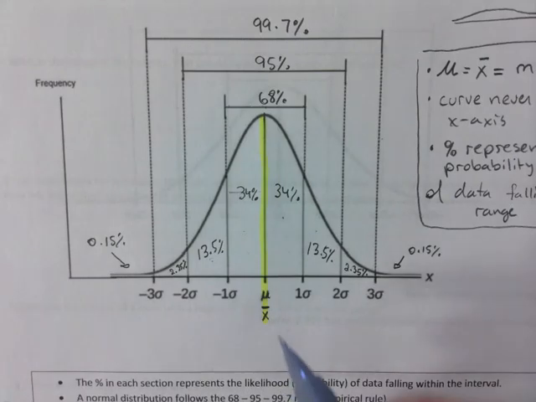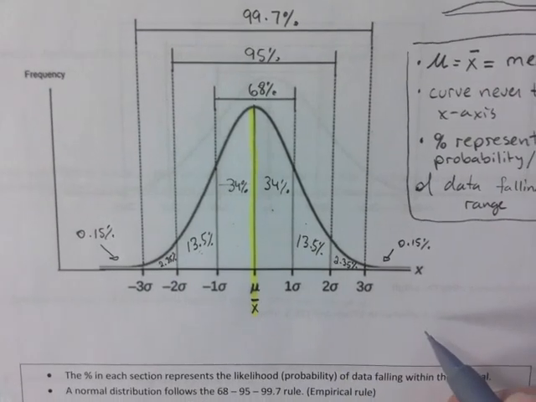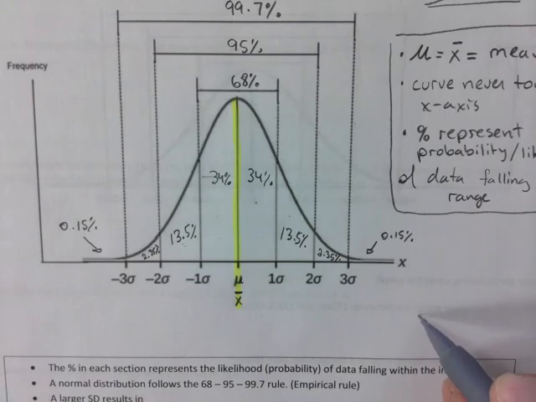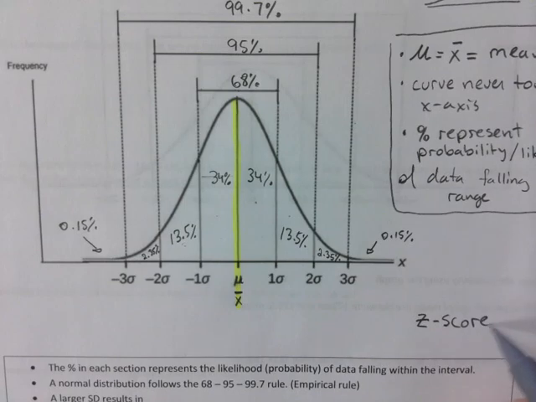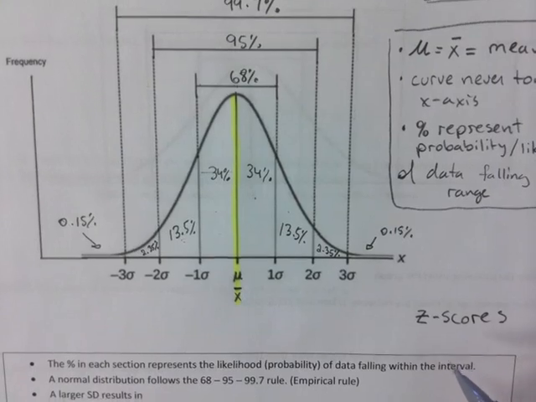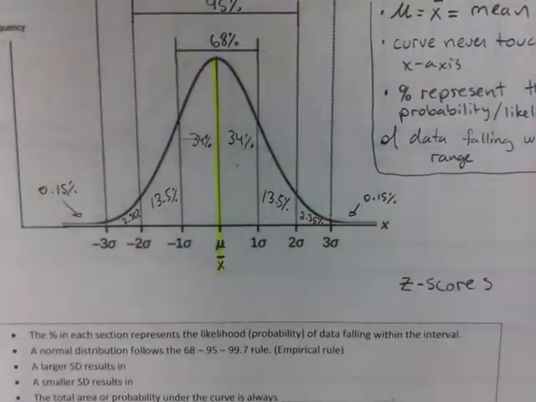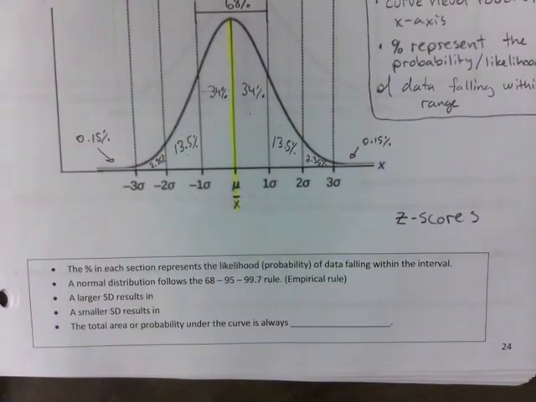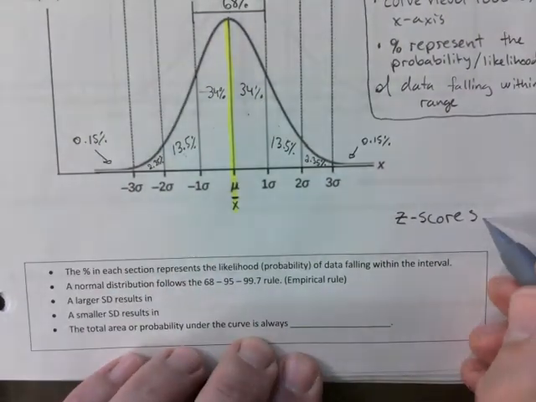One more thing. When it comes to z-scores, you're going to see this in university or college as well. Something we call the z-scores. I will give you the definition of the z-scores before I give you the number. What are z-scores?